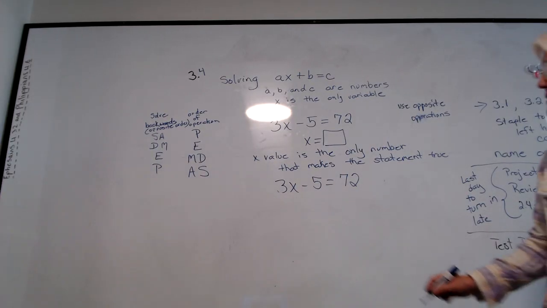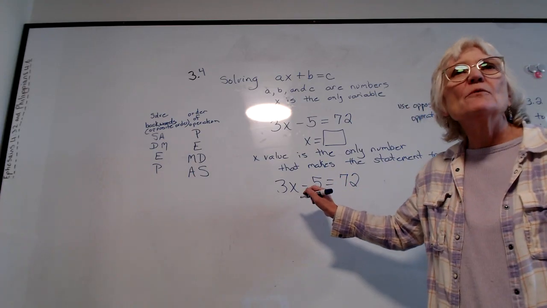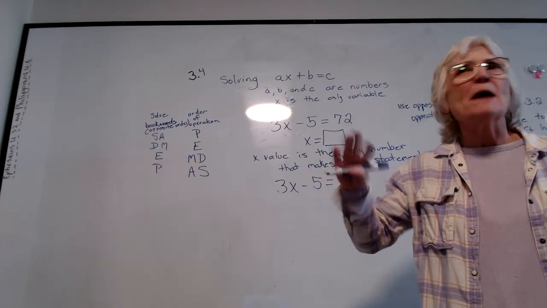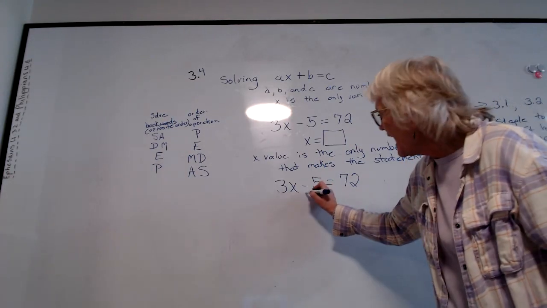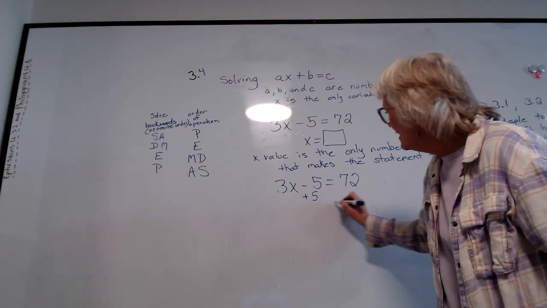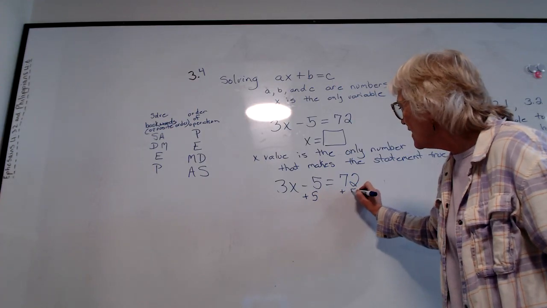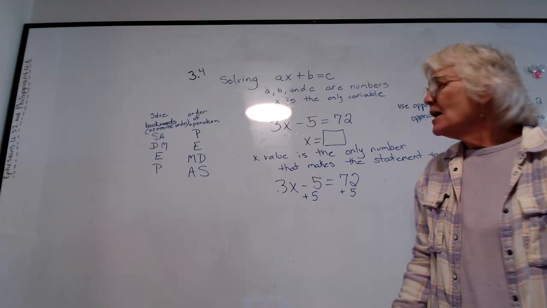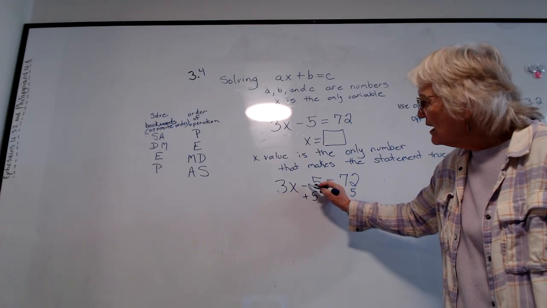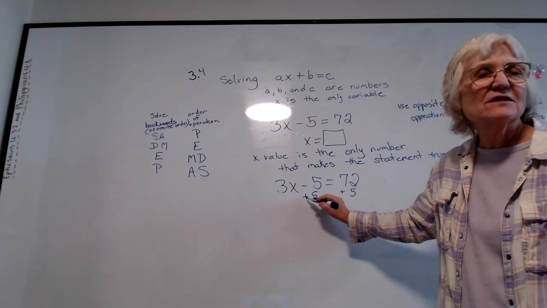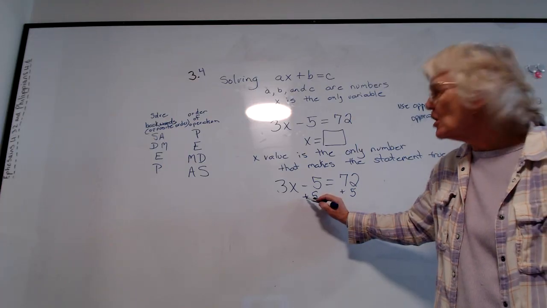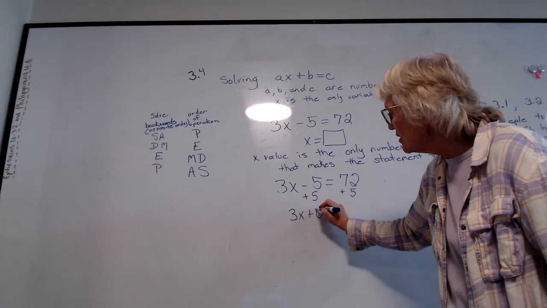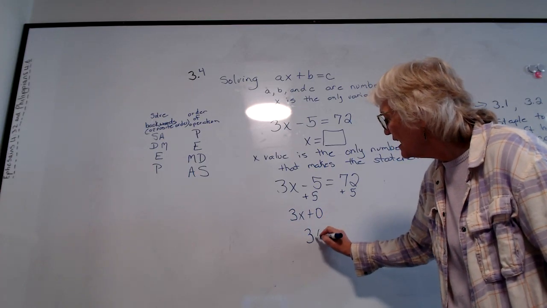What we're going to do is add 5, because I want to get rid of the 5 on this side. I want to make it go bye-bye. So if I add 5 here, I will also add 5 here because I have to do it on both sides of the equation. What I have is negative 5 and positive 5, which is 0. So 3x plus 0 is really 3x.